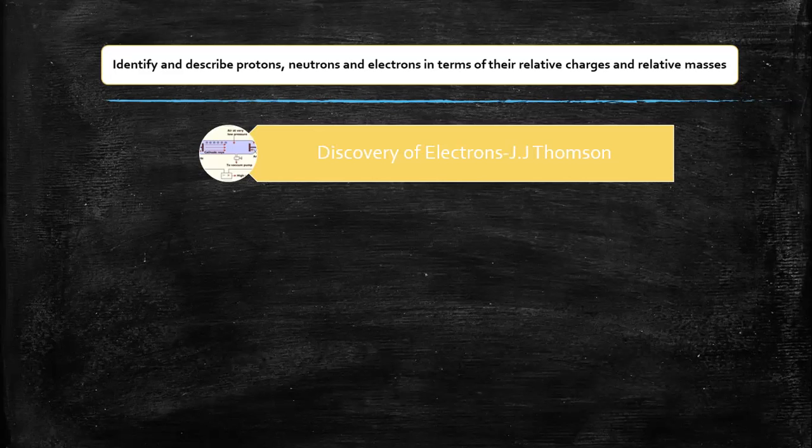In an electric field they bend toward the positive terminal of the electric field, while in a magnetic field they bend toward the north pole of the magnet, which showed it has negative charge.